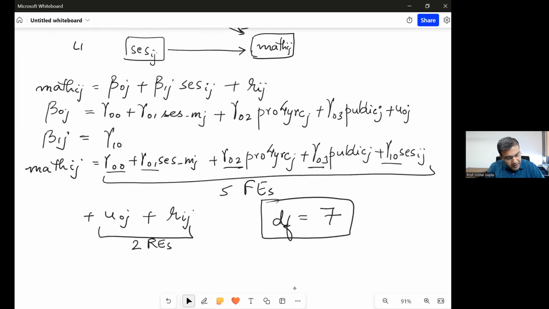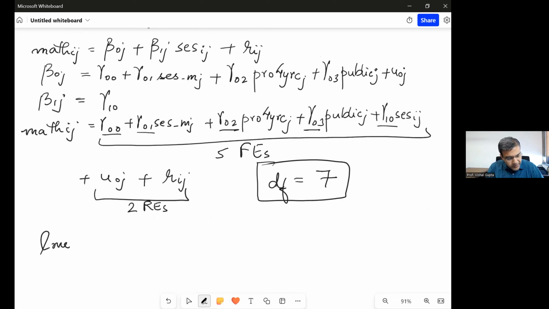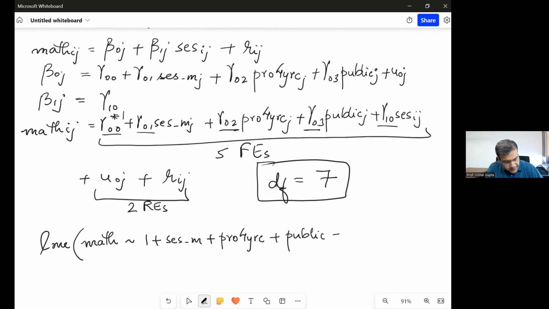What will be our command? We will say linear mixed model, math is regressed on gamma 00, which is nothing but the coefficient of 1. So 1 plus SES mean plus pro four-year college plus public plus SES, comma random is equal to tilde.